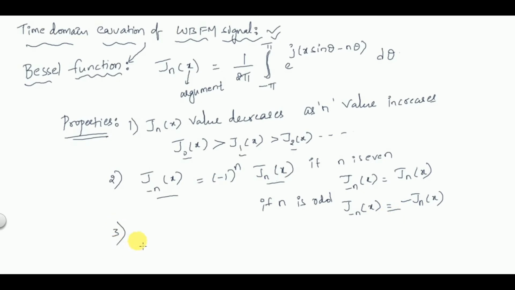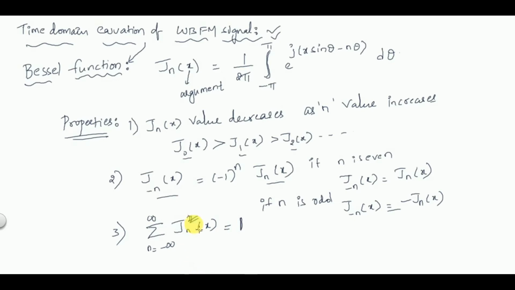The third property you have to remember is the summation from n equal to minus infinity to infinity of Jn square of x is equal to 1.